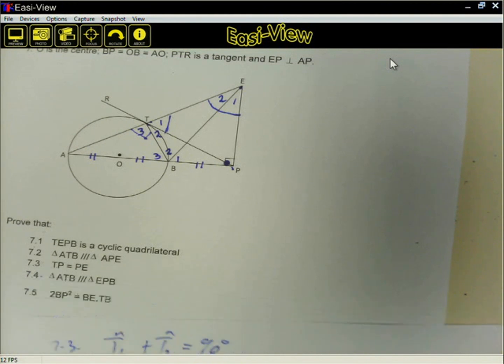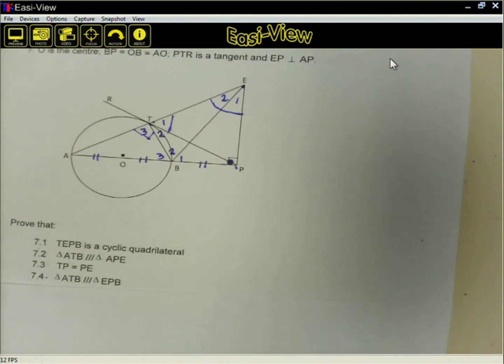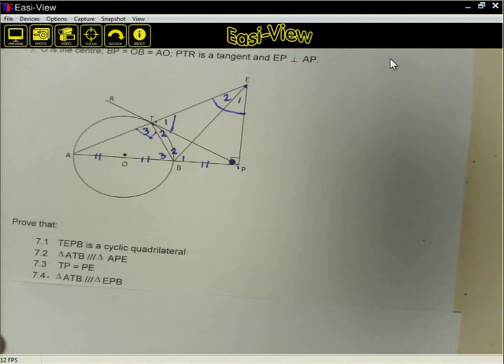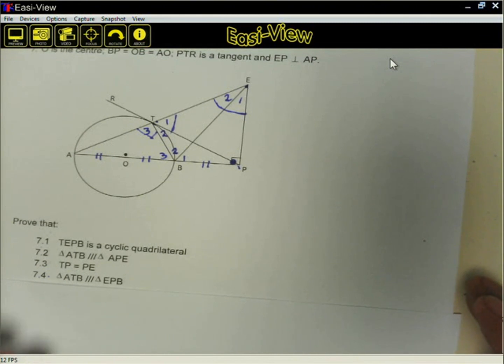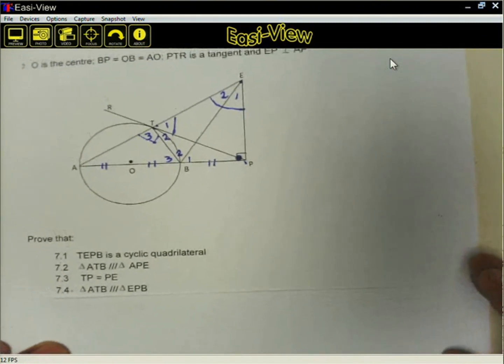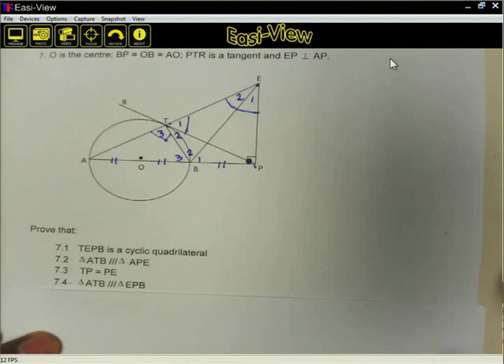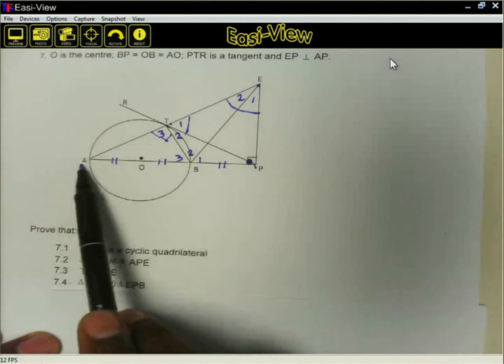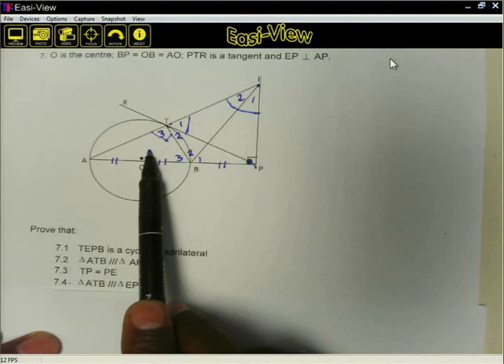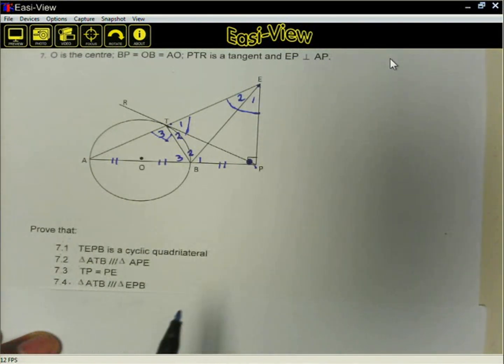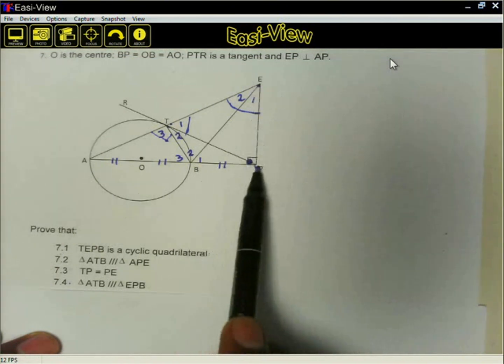Check 7.4 there. I think this will probably be the last problem. In 7.4, the question is, prove that triangle ATB is similar to triangle EPB.